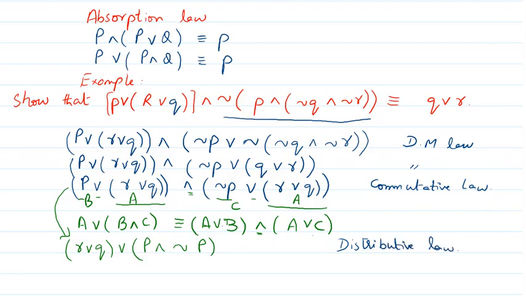It is very well known that P ANDed with not of P, as we did earlier in the negation and inverse law, is always going to result in a contradiction, that is a false result or zero, and this is being ORed with R and Q. Now anything ORed with zero, again which rule will come here? The identity rule.